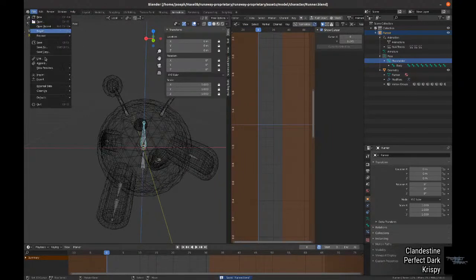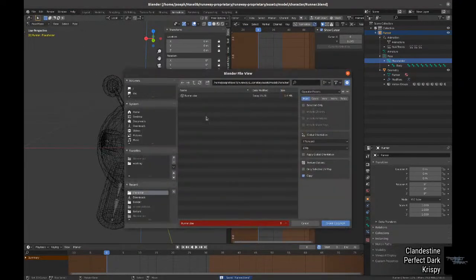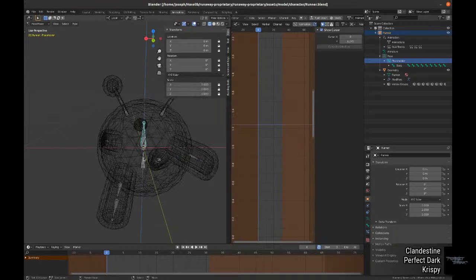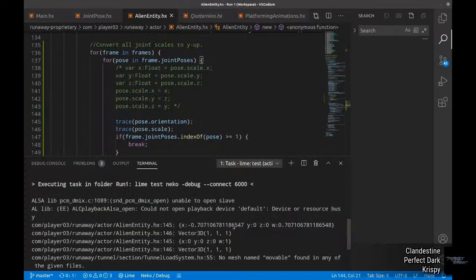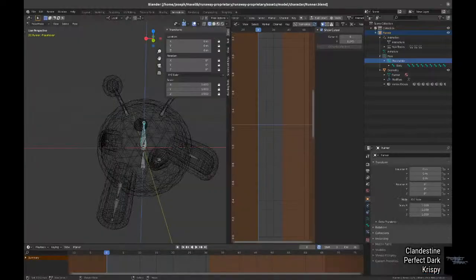I bet it's the export. When we export Y forward Z up, to attempt to do this, it kind of just rotates this. It gives us... Okay, so I know enough about quaternions to tell you that this is a 90-degree rotation around the x-axis.